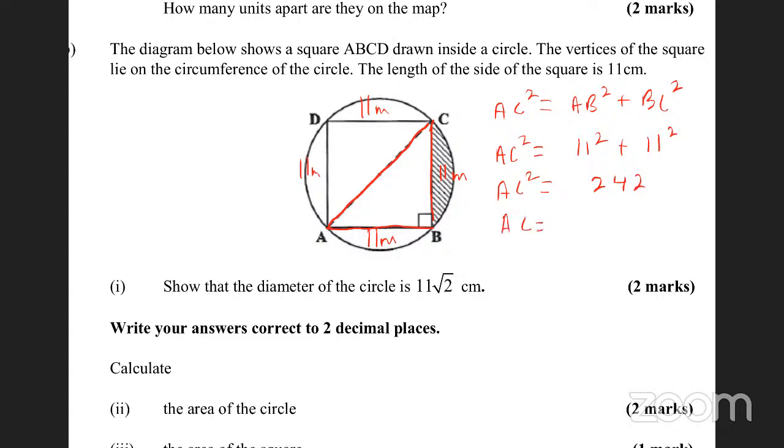And AC is the square root of 242. Put it in the calculator. How much did you get? 11 root 2. Leave the answer like that, 11 root 2.